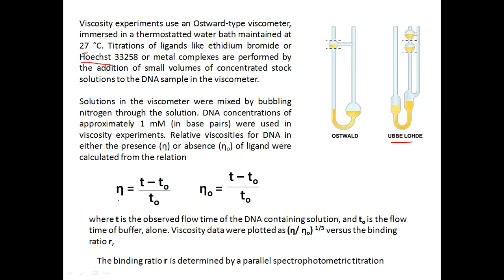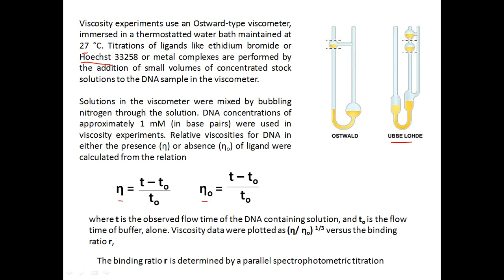So the viscosity is measured based upon the following relative equation, where eta represents the viscosity of the DNA in presence of the ligand, and eta naught represents the viscosity of DNA in absence of ligand.